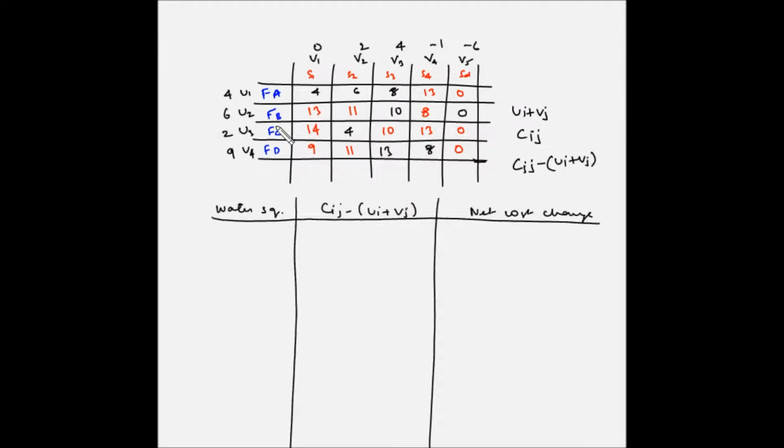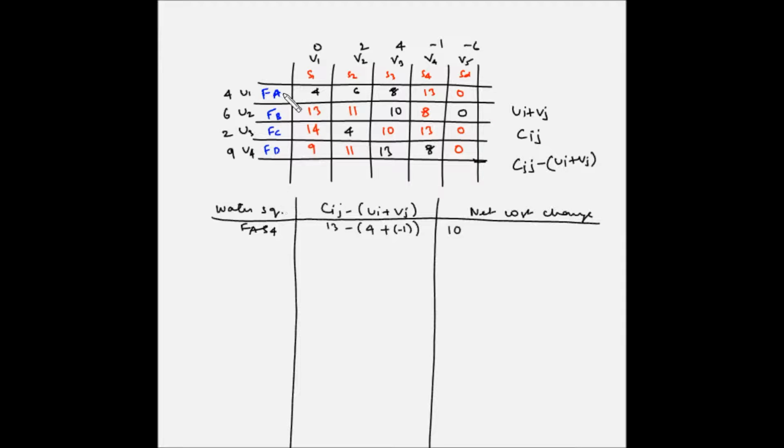So the first water square is F-A-S4, cij is 13, ui is 4, vj is minus 1. So 4 minus 1, which is 3, 13 minus 3 is 10.